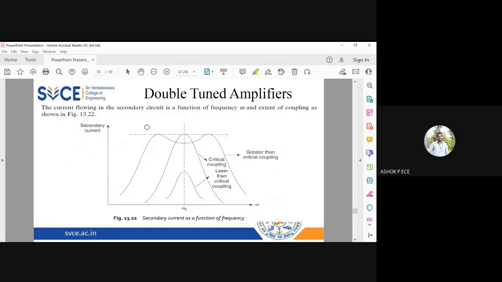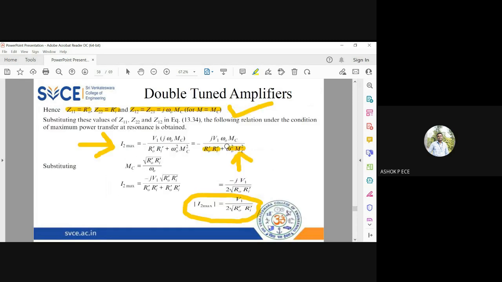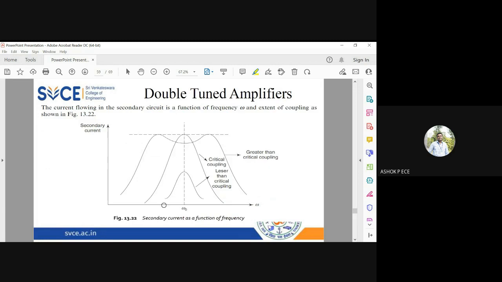And if you draw the graph for the current versus frequency, this is how it will look. I2 is the secondary current. When you operate the amplifier at less than the critical coupling, when K is less than Kc, which we usually do, we will not let the coupling coefficient reach the critical value.